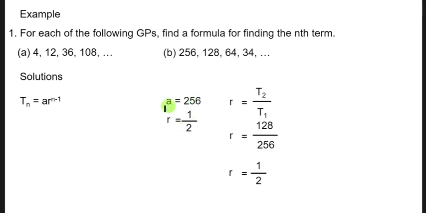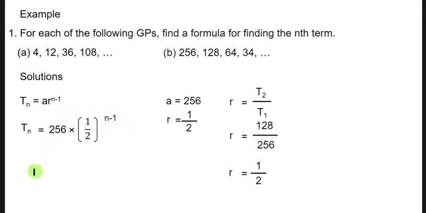Knowing these values, we are going to substitute, where we say that Tn is equal to, where there's A, we put 256, then times, where there's R, in brackets now a half, then to the power n minus 1. All right.